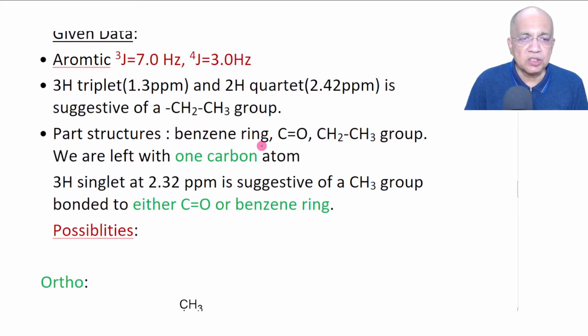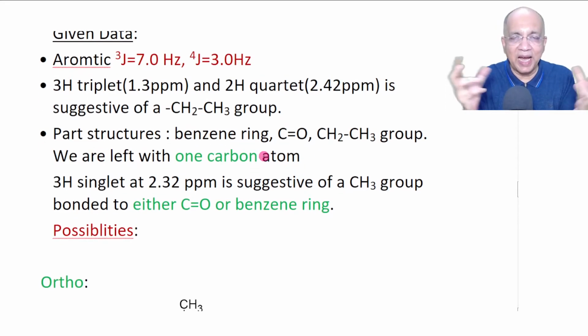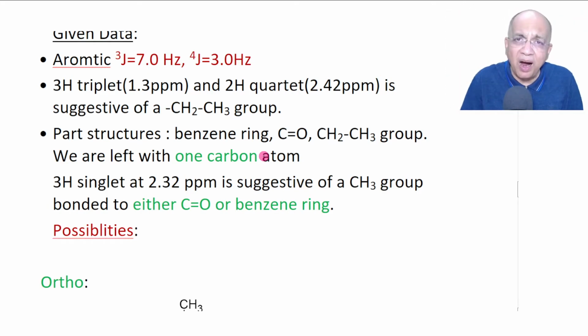So let us combine and list the part structures that we have so far got. One is the benzene ring, disubstituted, ortho or meta, a carbonyl group, that is a ketone, and an ethyl group. And by adding all the carbons, we are left with one more carbon. It is 9: 6 plus 1 plus 2, 9.